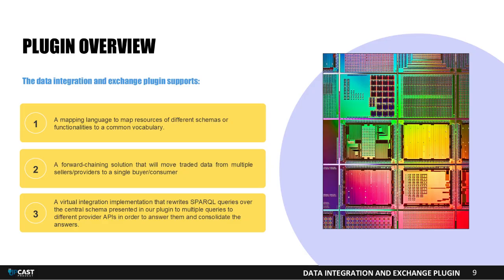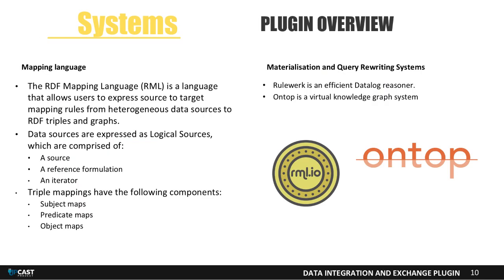Instead of spending resources in learning different languages and systems, you can express your mapping rules in a single language, RML, and leverage our unified system that implements state-of-the-art solutions. In RML, data sources are expressed as logical sources, which are comprised of, first, a source, which may be an internal reference to a local file, or an IRI to refer to an external source, such as a web API.